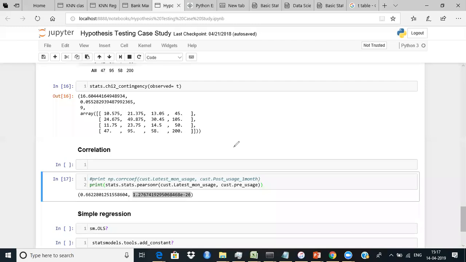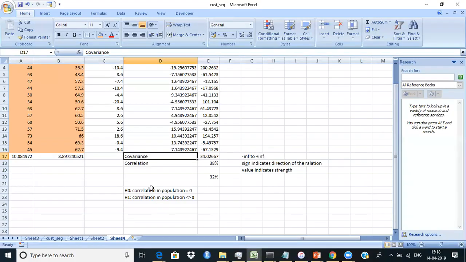What is the null hypothesis? P is equals to 0. Correlation P value is equals to 0. No, there is nothing called correlation P value, right? Null hypothesis is just that correlation is equal to 0. Alternate hypothesis is correlation not equal to 0.